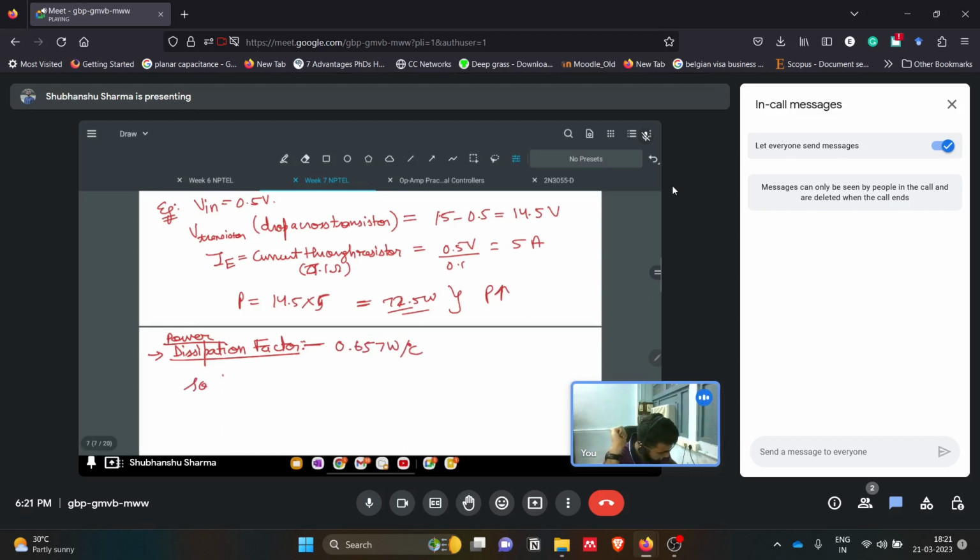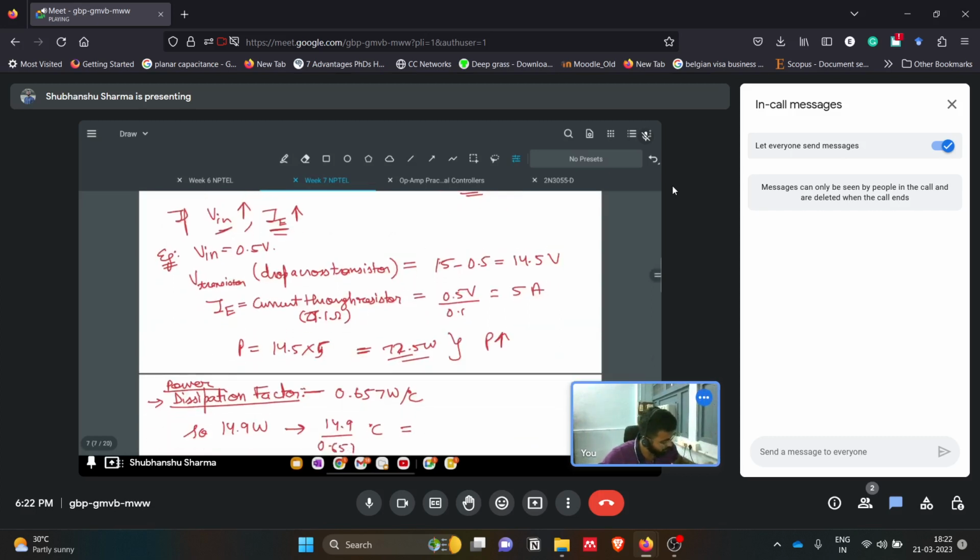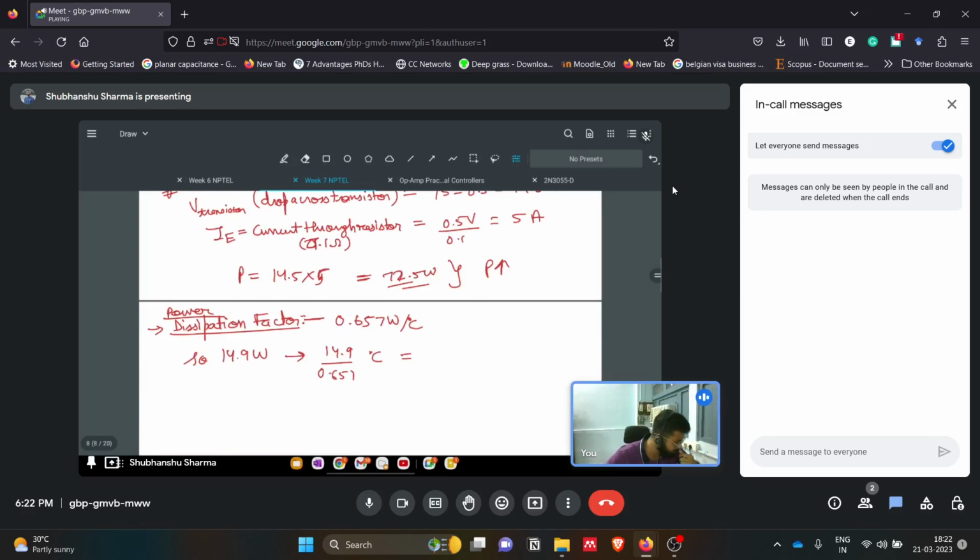We had 14.9 watts of power dissipation, so the change in temperature was 14.9 divided by 0.657 degrees Celsius, when we applied 0.1 volt as the input to the op amp.